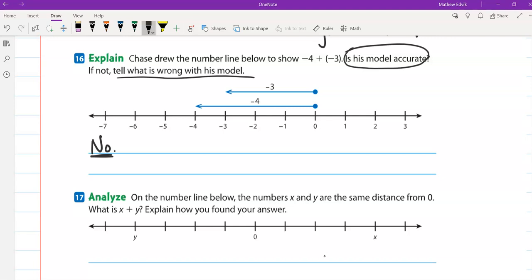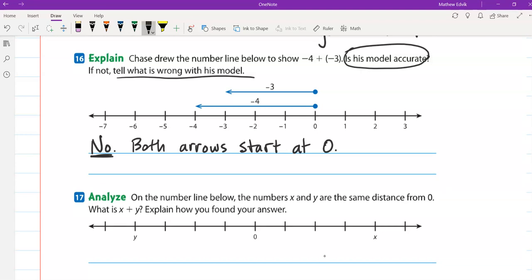And the thing that is wrong with the model is that both arrows start at 0.